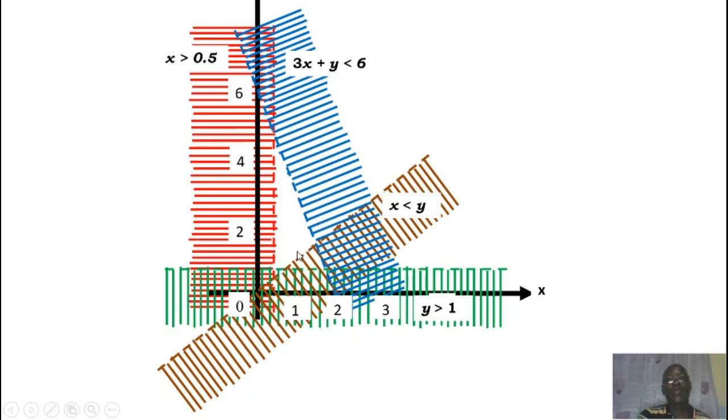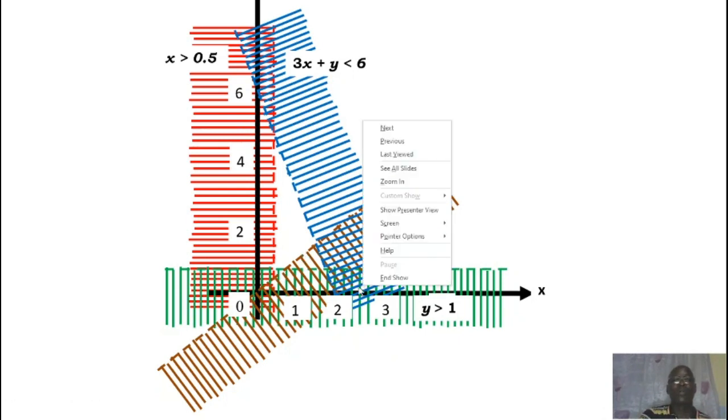At a point, what did we see? x is less than 0 in this way, and y is greater than 0 in this way, which means the direction of shading should be this way, it should be this way, but we have now decided to shade it backwards.